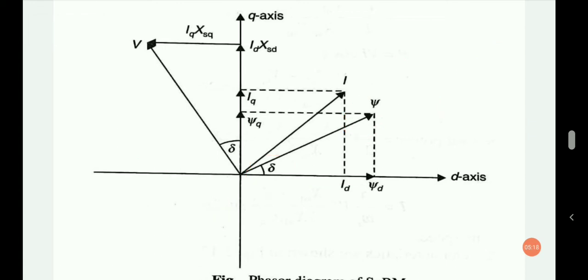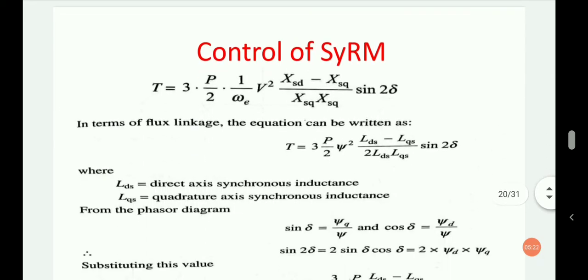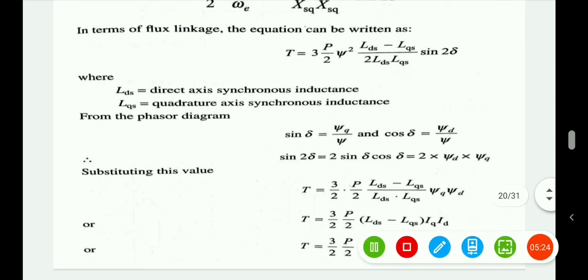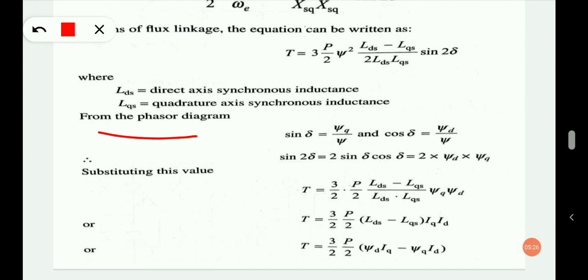So from the phasor diagram, sin del equals psi q upon psi and cos del equals psi d upon psi.